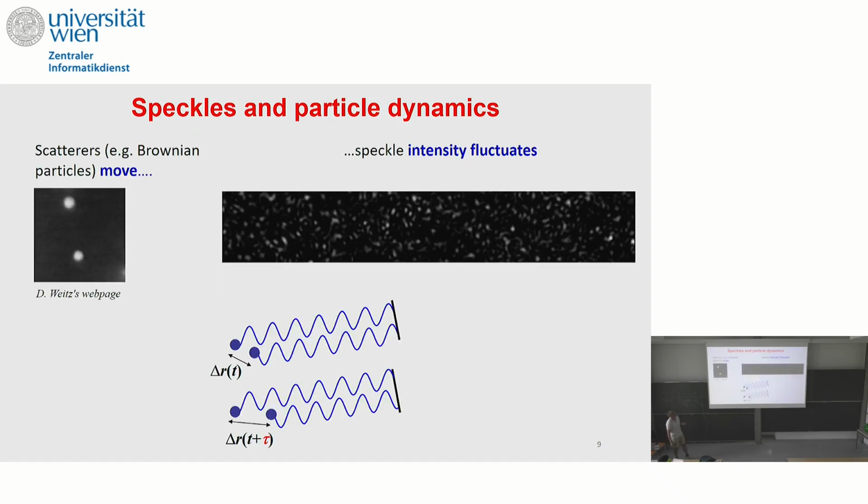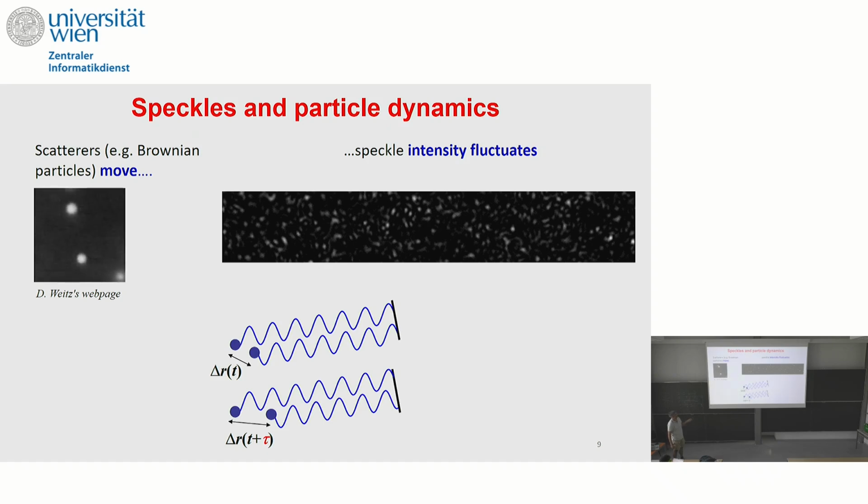Now, what happens if the particles that scatter light are not fixed in space, but jiggle around, for example because of Brownian motion, or because you are applying a strain to your sample, or for any other reason? As I've sketched here, let's imagine that initially you have, for simplicity, just 2 particles, and their relative position is such that by chance the light that they scatter in the direction of the detector is perfectly in phase.